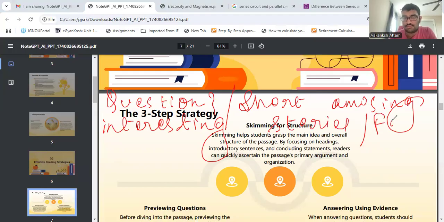So these are the elements which you will be finding as an introductory sentence.